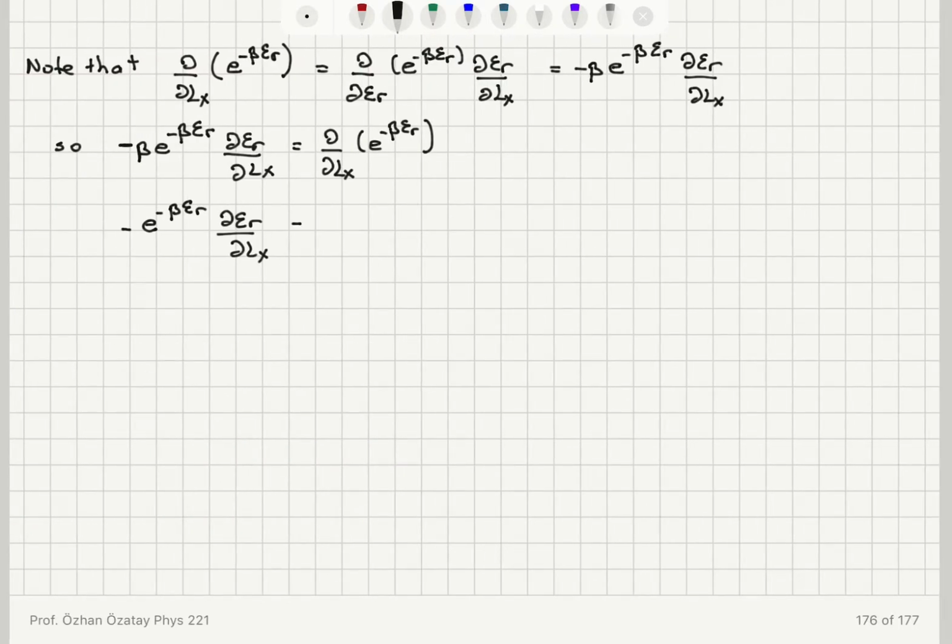This is equal to minus 1 over beta, so the minus beta on the left hand side goes to the right hand side as minus 1 over beta, because I have another minus sign here.